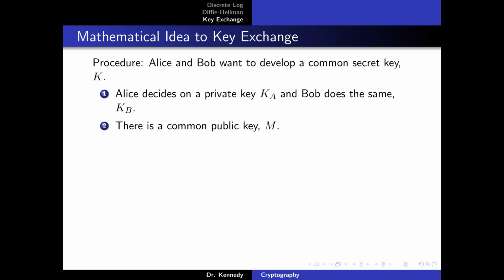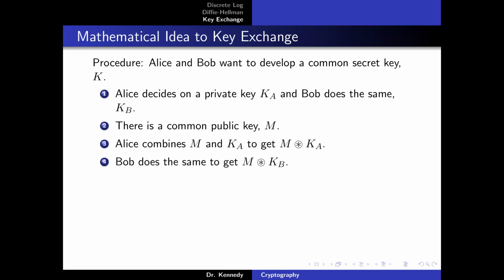Now, what they want to do is come up with some way to combine the common public with the secret. So this is going to be some mathematical operation. What mathematical operation, we'll discuss that, and you'll do a worksheet involving that. But you want it to be one that can't be undone easily, i.e. one that you can't break apart and find M and K.